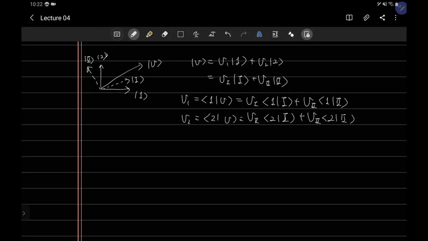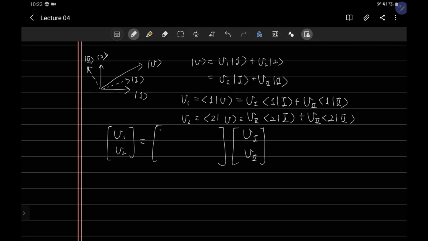And this kind of relation can also be rewritten in matrix form. So v1, v2, and then there will be some matrix, and then the new component vector like this one.